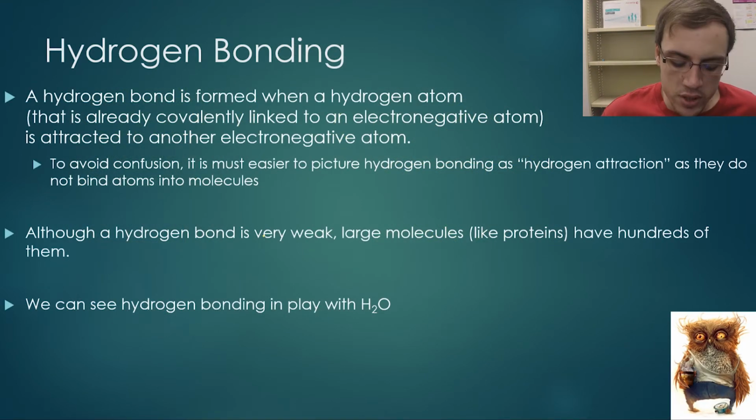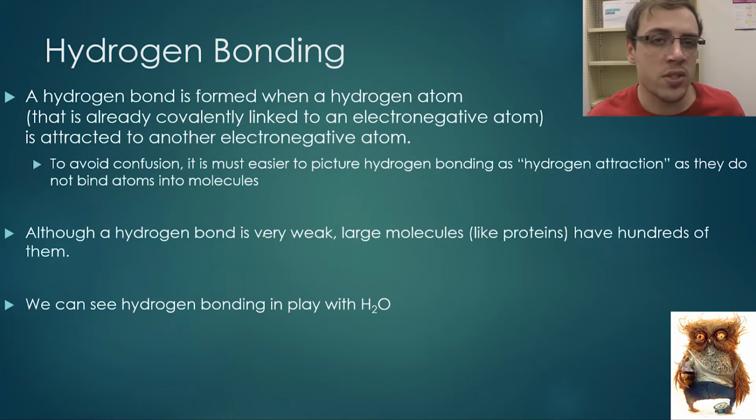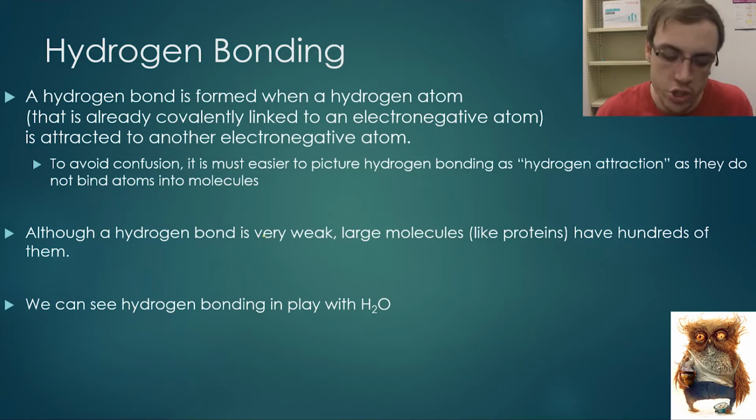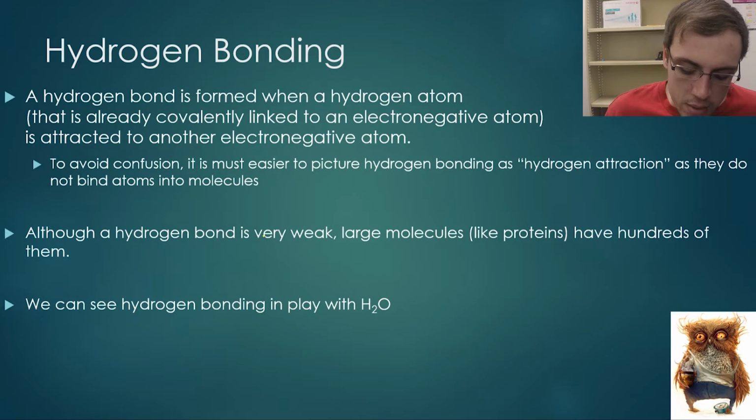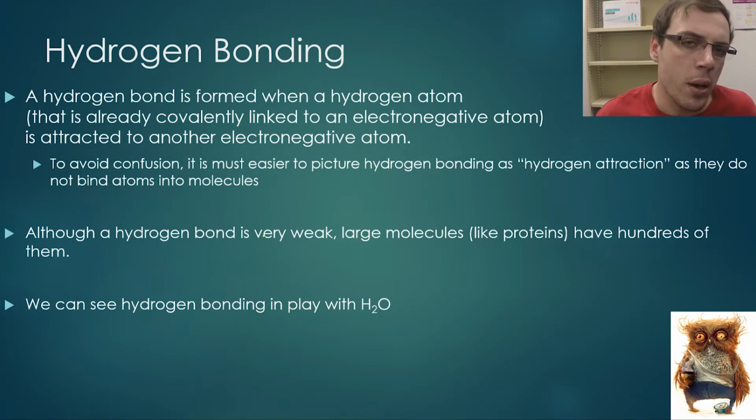A hydrogen bond is formed when you have a hydrogen atom that is already bound to something electronegative, like oxygen or fluorine or nitrogen, and it's attracted towards another electronegative ion. A good way to think about hydrogen bonding is to not picture it in your mind as a bond. I know that may be a bit confusing.